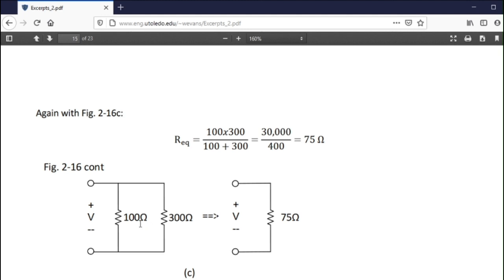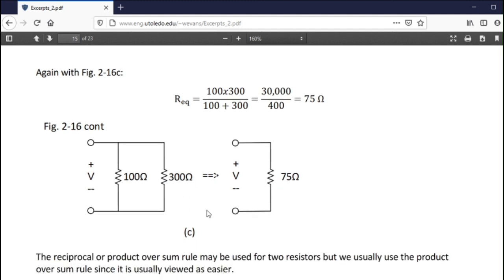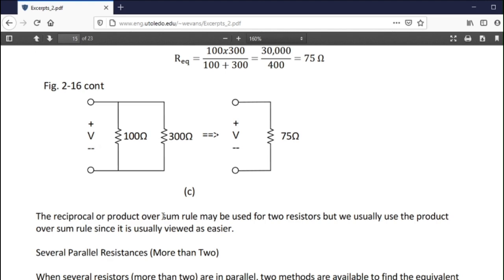So it has to be less than the less of the two. And again, if you get the answer is 150, you did something wrong. That's a tip off that you messed up. It's got to be less than the smaller of the two.